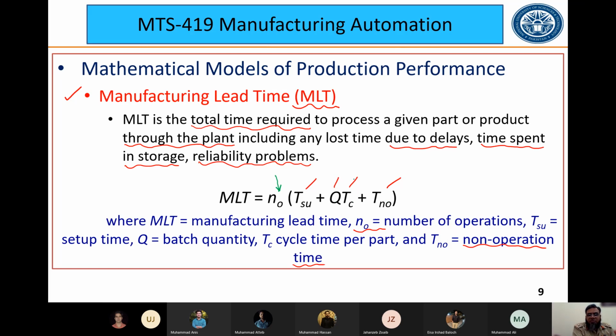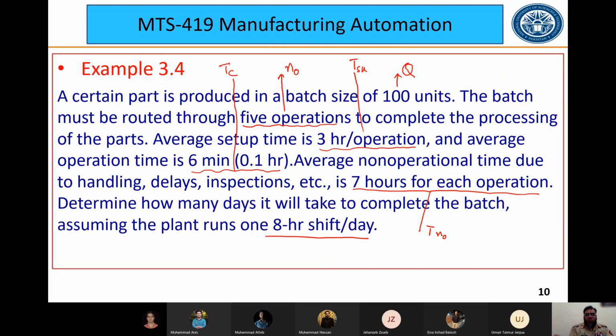TC is the cycle time, the time spent on the machine during processing, and Q quantities are made, and this is the setup time used to set up a machine to carry out NO number of operations. So this is another mathematical model which we will use to find out the manufacturing lead time of a particular product. So let us solve an example.